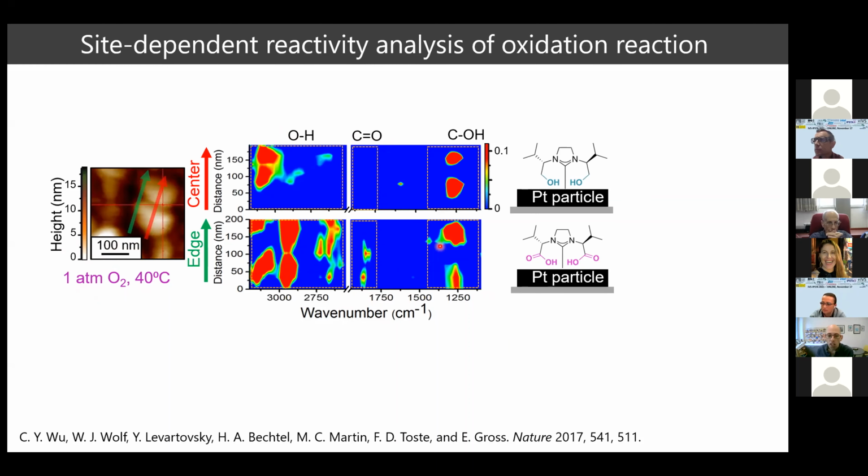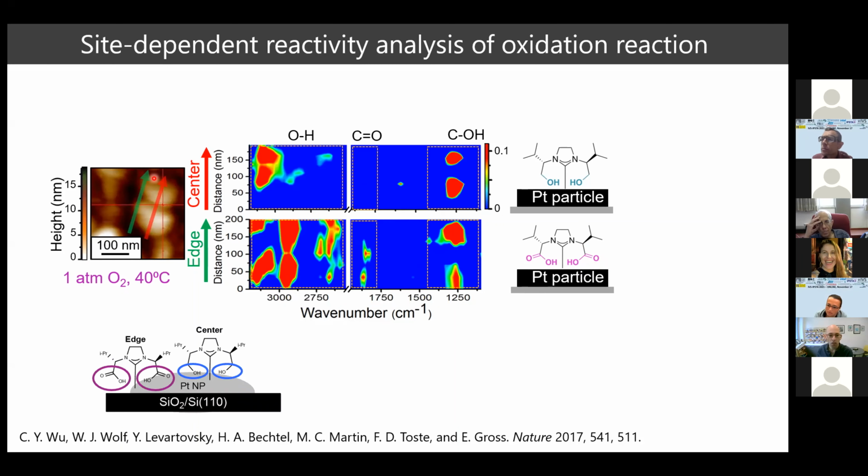And by looking at this AFM-IR map, along with other characterization, we concluded that we have selectively oxidized the molecule on the edge of the nanoparticle. And by the edge, I mean the edge which has a higher corrugation level, a higher density of low-coordinated surface atoms. So we see higher oxidation yield on the edge versus the more flat center of the nanoparticle.